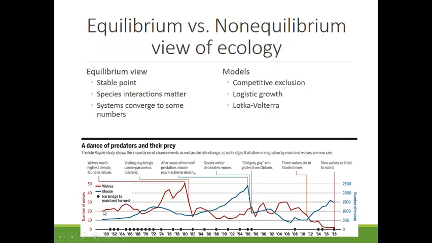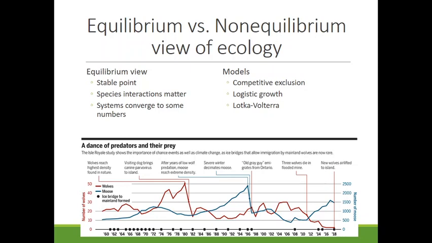Again, when wolves are high, moose are low. When moose are high, wolves are low. That's a classic example showing that with higher numbers of predators, we expect lower numbers of prey. That's a characteristic of an equilibrium model.